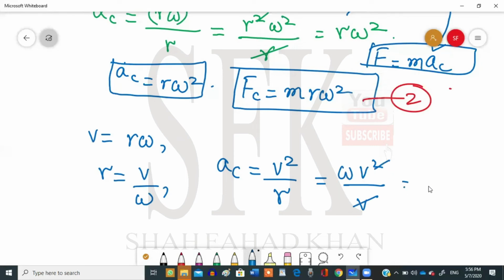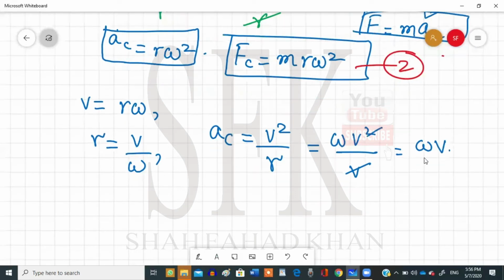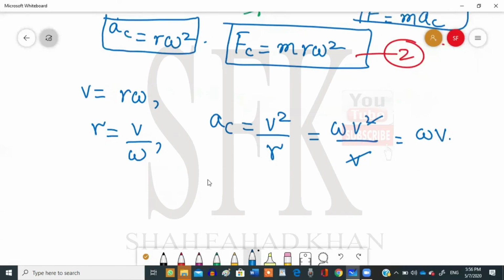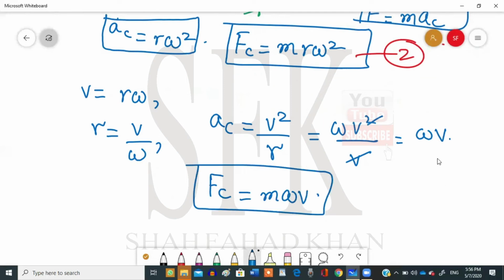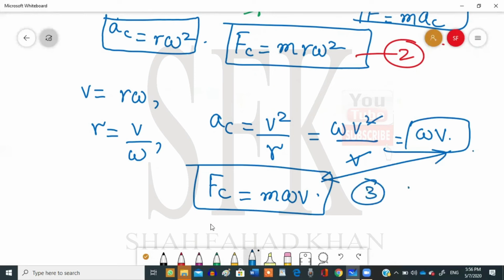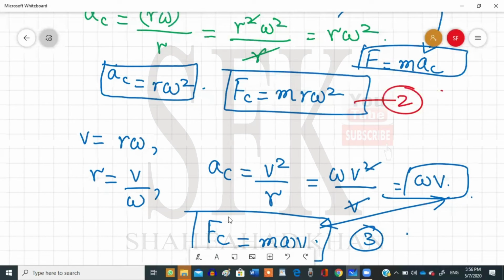The omegas cancel out, and the formula that you get is omega v. So centripetal acceleration is equal to omega v, and the corresponding centripetal force will become m omega v. This is the third formula for centripetal force, but it is not that frequently used. It is in terms of omega and v only, excluding the radius.